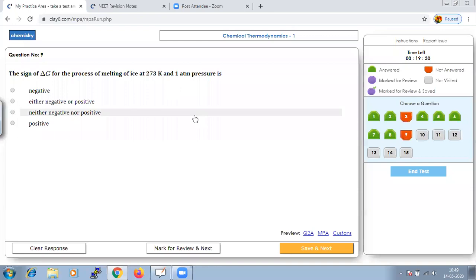And if the reaction is at equilibrium, we know that delta G will be 0, hence it should be neither negative nor positive.